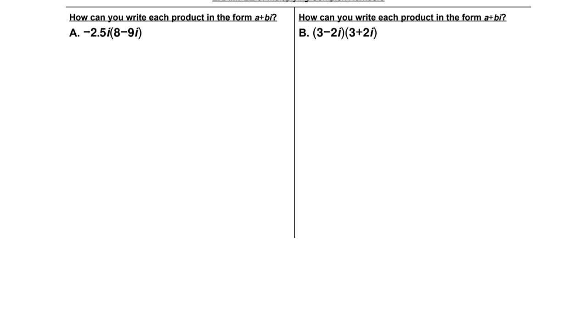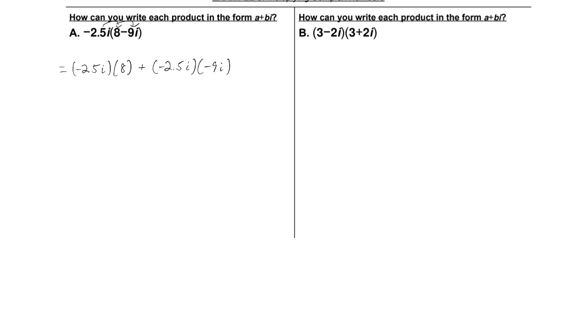We're going to use the distributive property and distribute our outside term to both terms in our parentheses. So we get negative 2.5i times 8 plus negative 2.5i times negative 9i.